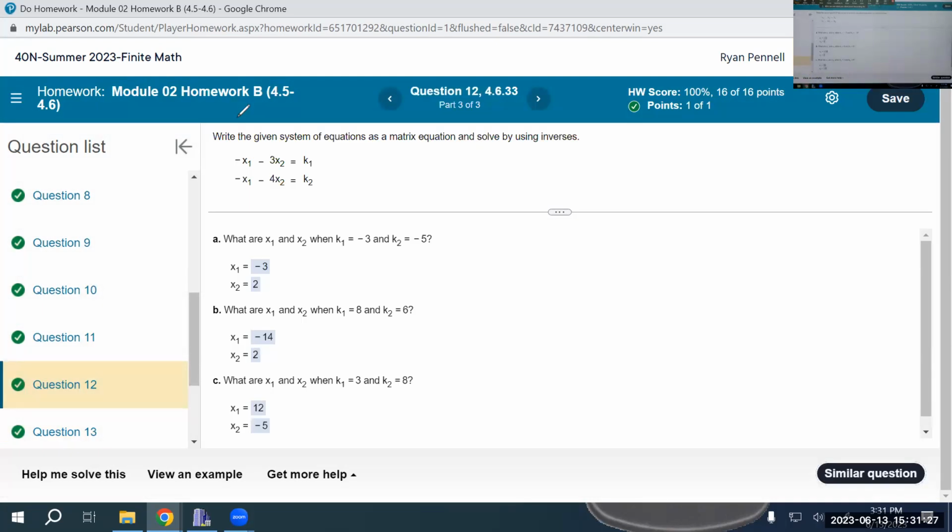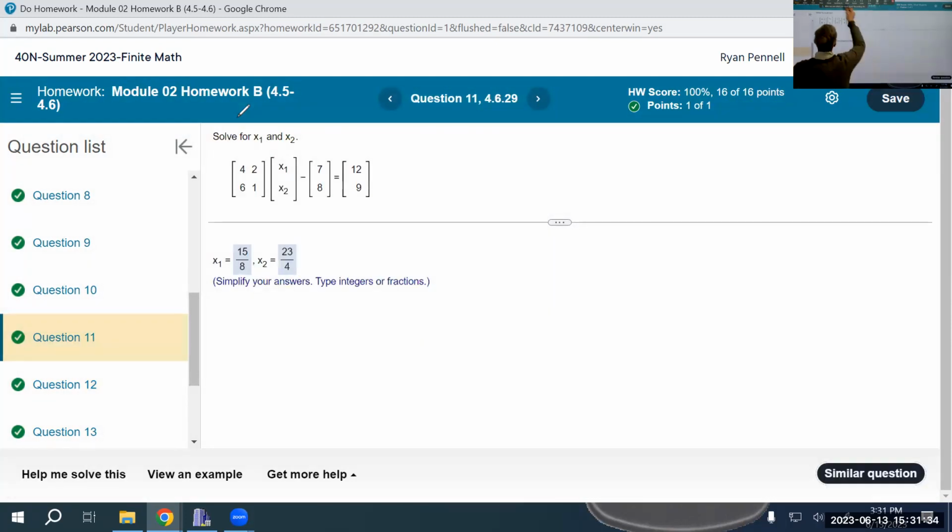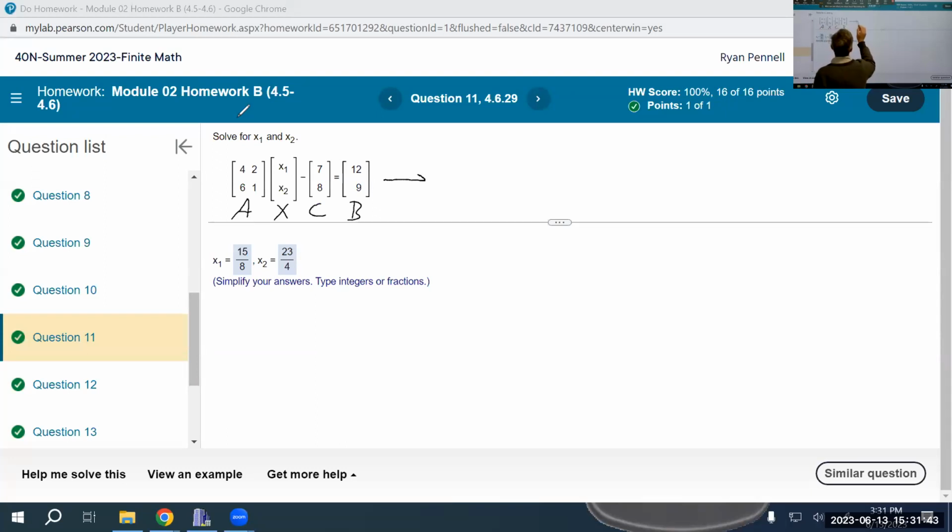Quick question for 11, does the minus sign in between the two just mean that the numbers will be negative when you put it in? We're just going to add. So this is AX. I'm going to call that C and I'll call that B. So that means that AX minus C equals B. I can add C to both sides, and then I can do my inverse as I did before.